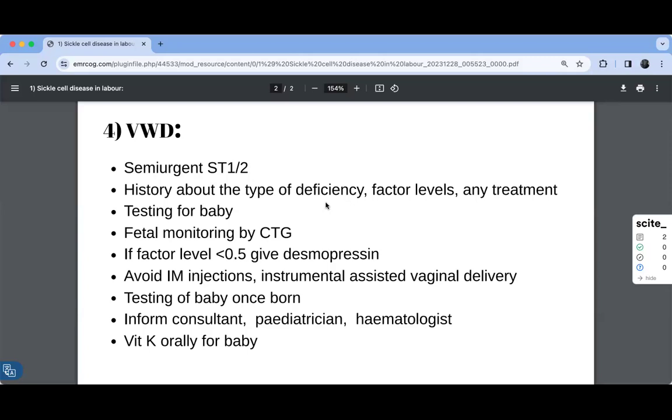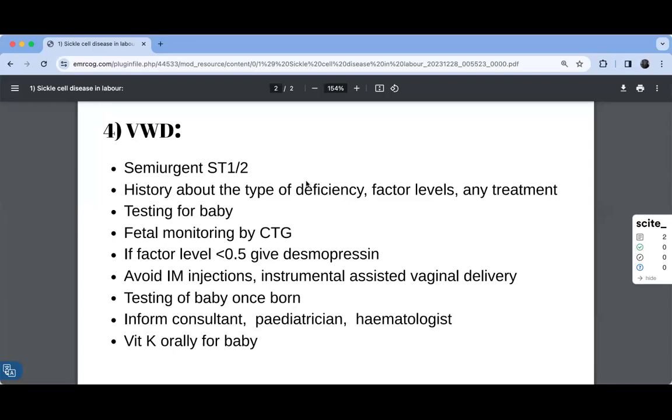Avoid IM injections. This should be an instruction you give to all the staff. Instrumental assisted vaginal delivery, like you said, interventions. And testing: inform the neonatologist and test the baby once the baby is born.